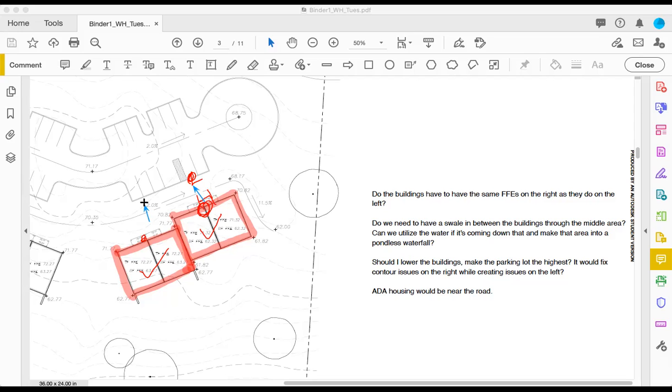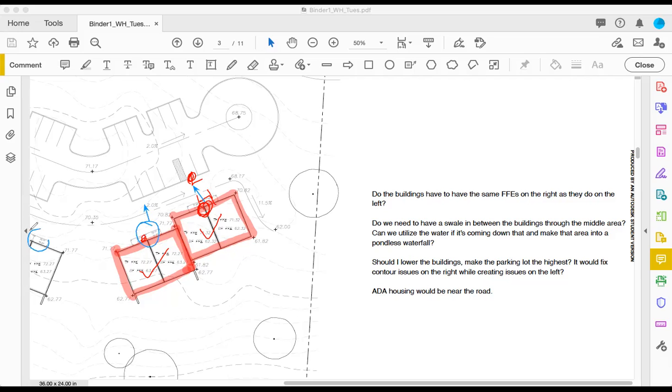ADA housing would be near the road. ADA housing would actually be the higher units, closer to the middle of the parking lot, because it's easier to create the 9 feet difference between the front and the back with the ones that have the higher elevation in the front.